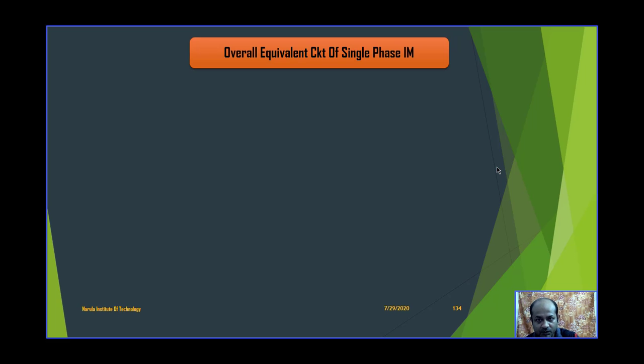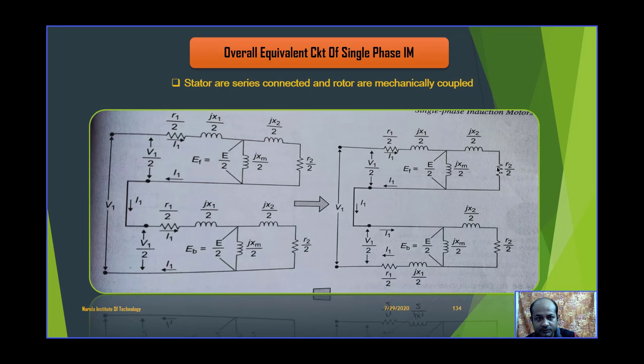Now we are proceeding towards the overall equivalent circuit. As described earlier, we can represent this as a series combination of two three phase transformers.